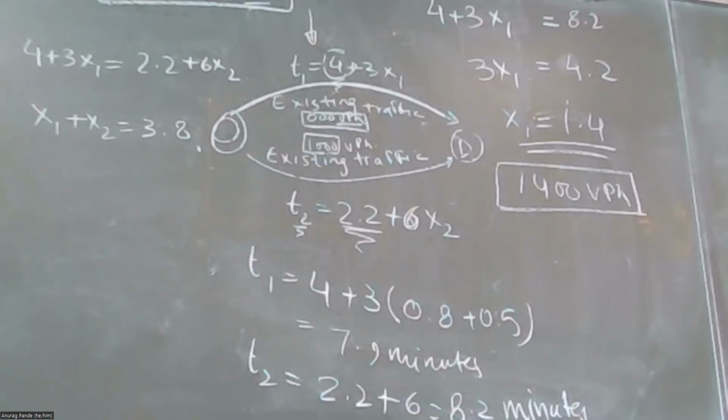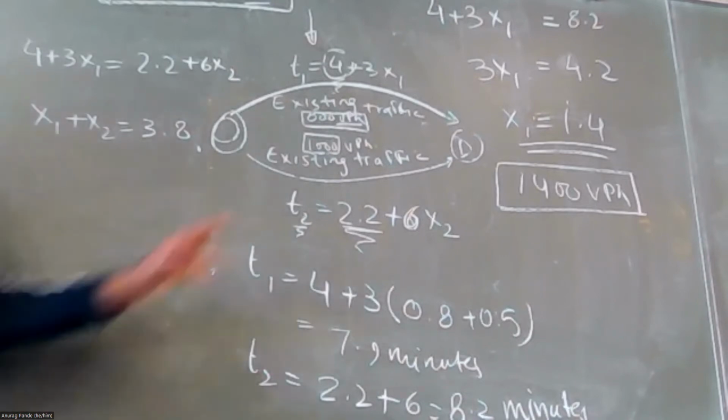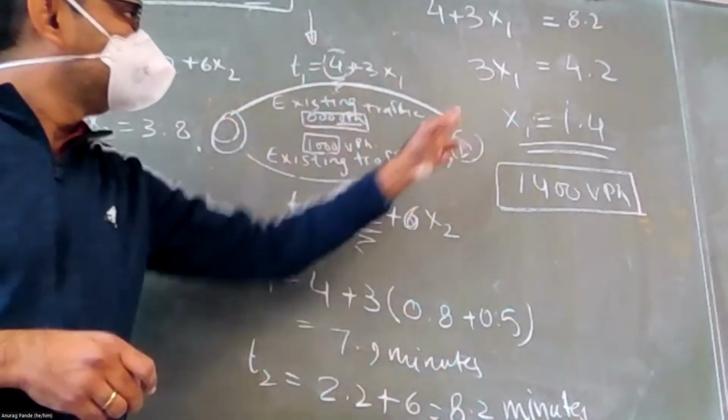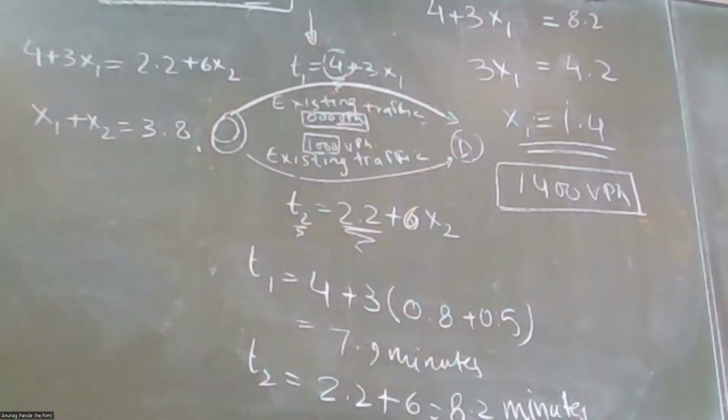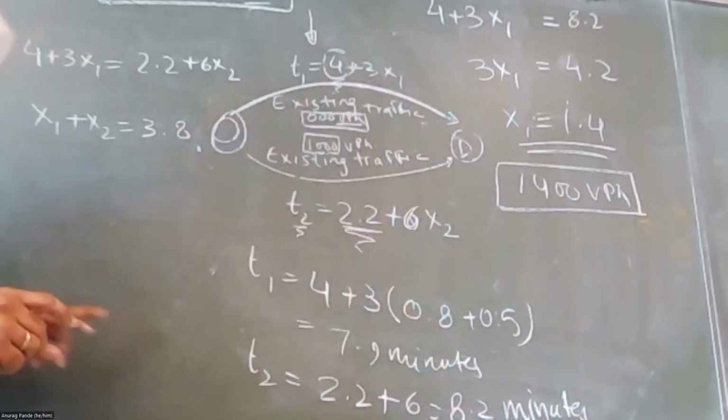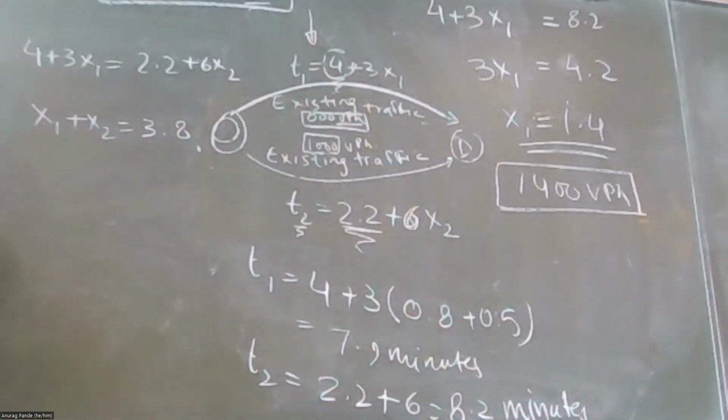x1 plus x2 is not going to be 3,800. What is it going to be though? 3,200? No, not 3,200 either. x1 plus x2 is the total flow that is right now. Yeah, I heard the right number now. You can think of x1 and x2 as the total demand flows on these networks.